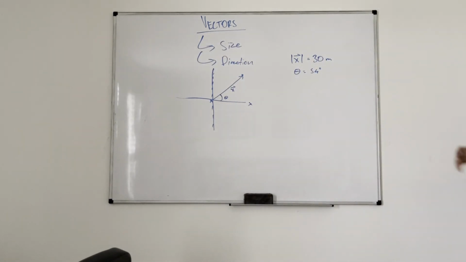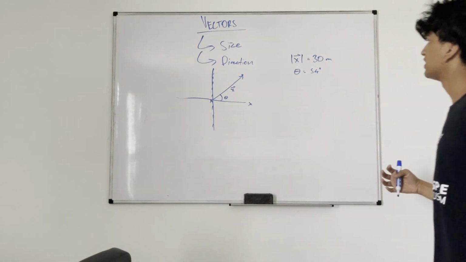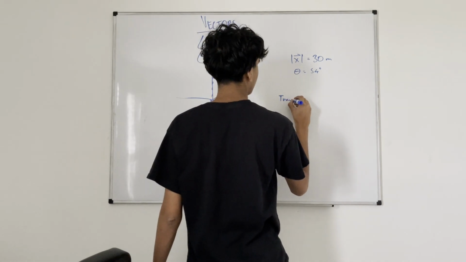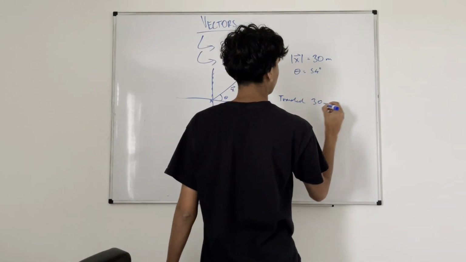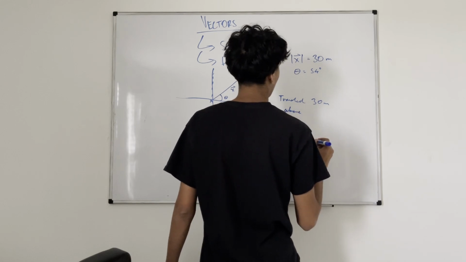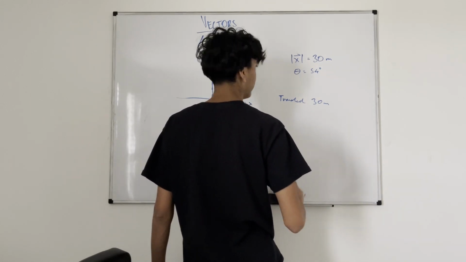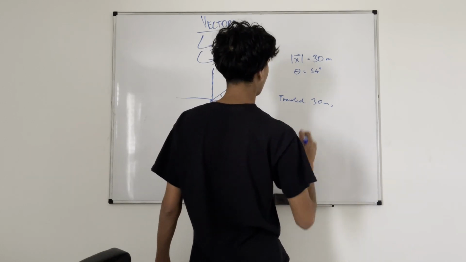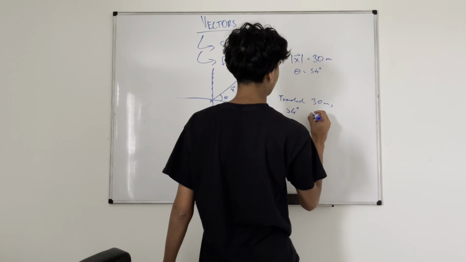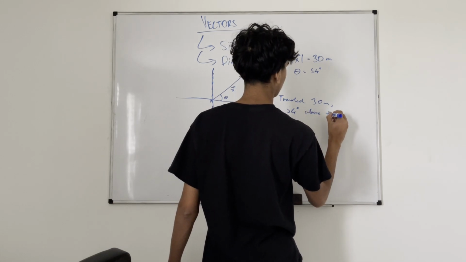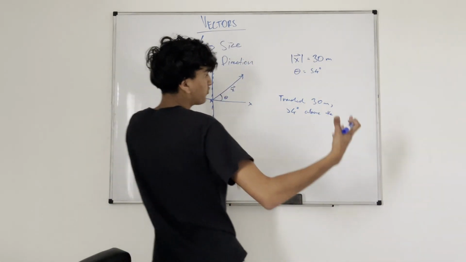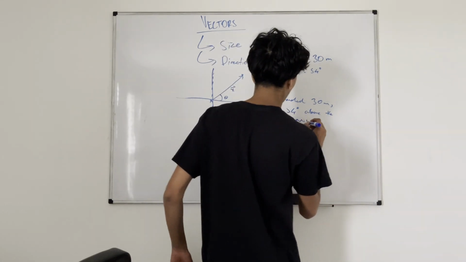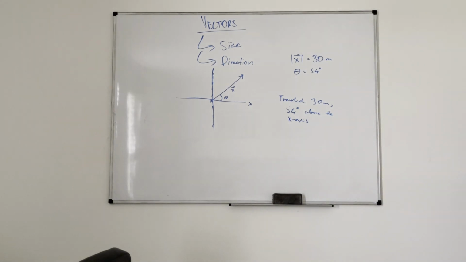So the way I would name this vector is I would say something like, I traveled 30 meters, 54 degrees above the x-axis, or the horizontal, right? 54 degrees above the horizontal, 54 degrees above the x-axis. Doesn't really matter. I mean, maybe your teacher can be a little bit picky about those things. That's how I would name it.